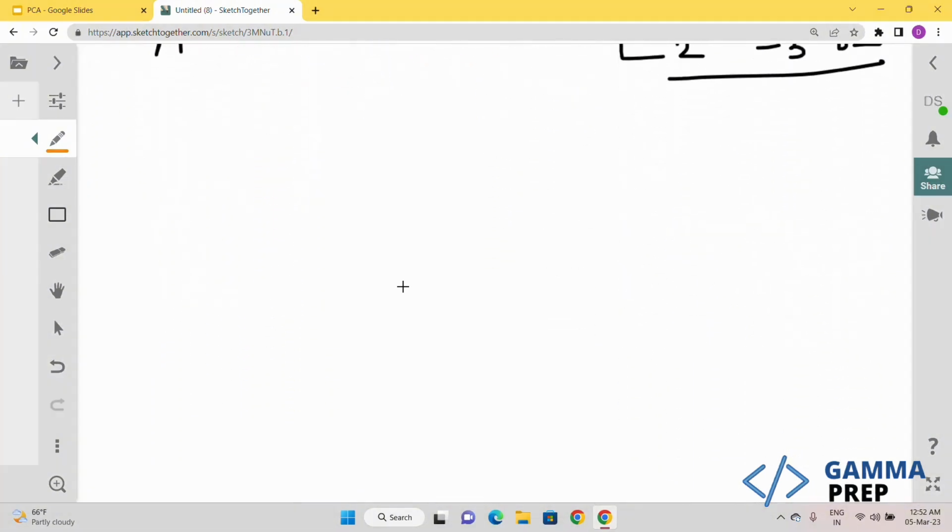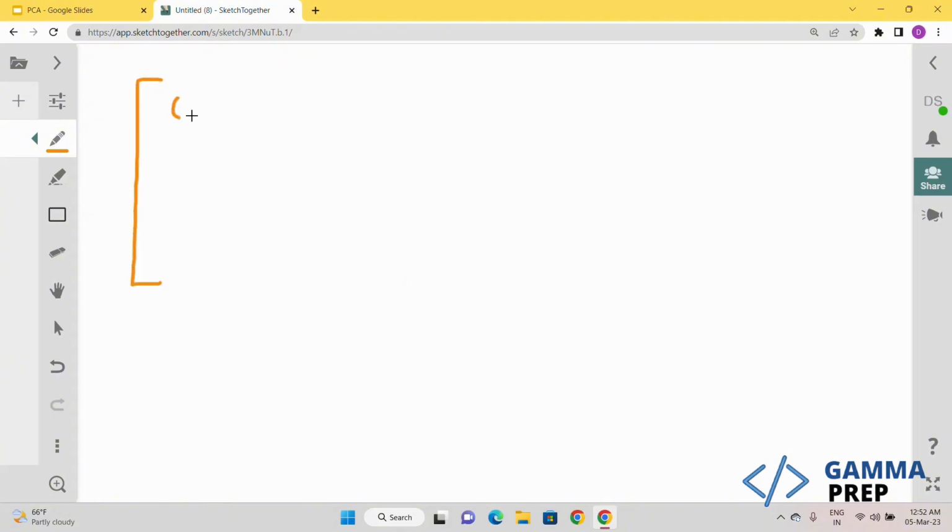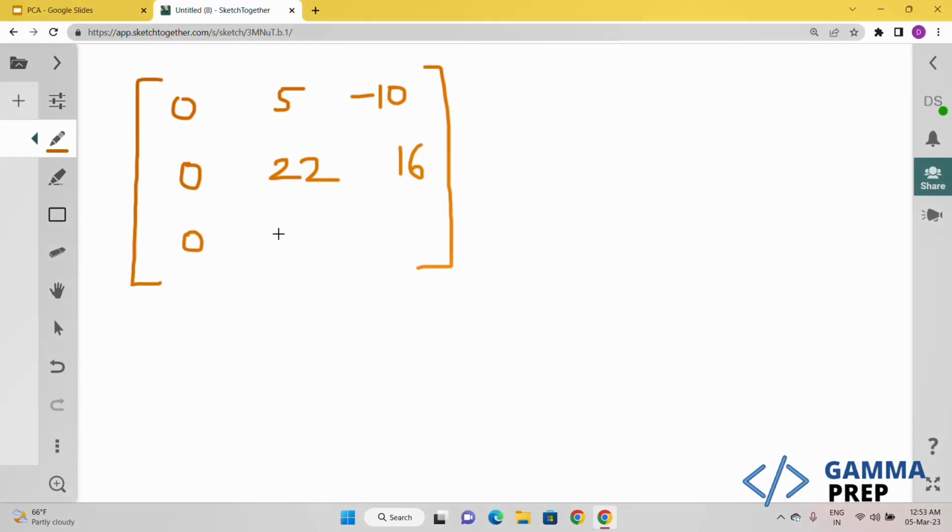Okay. Now moving on to the next concept, which is actually important for us: eigenvectors and eigenvalues. Let's take an example. We have 0, 5, minus 10, then 0, 22, 16, and 0, minus 9, minus 2.